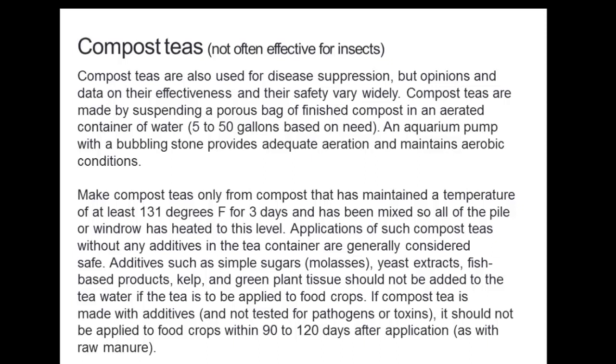If you do that, you have to make sure that the compost really did heat well enough, and you can't add anything to that compost tea that some sources suggest you do, like molasses or yeast or fish-based products, because then you introduce pathogens back into that, and by pathogens I mean the ones that are foodborne illness pathogens to people.